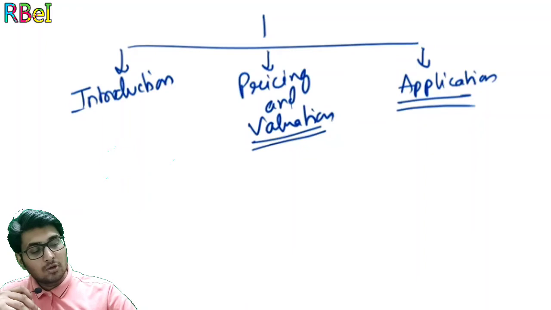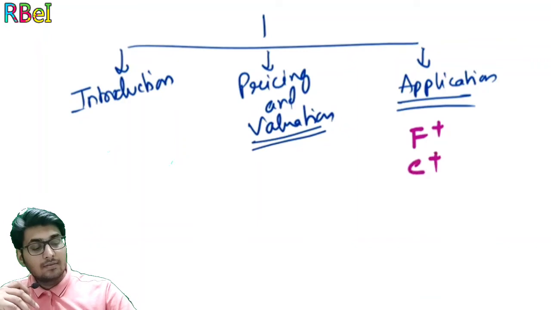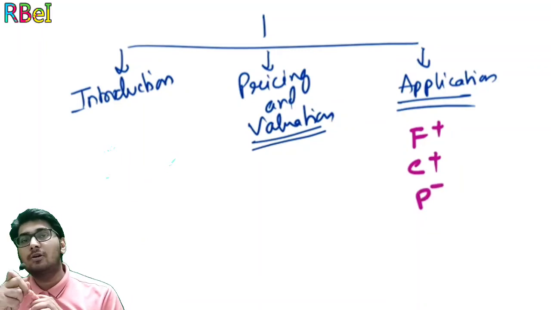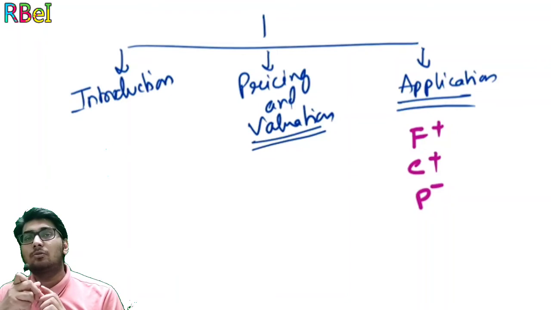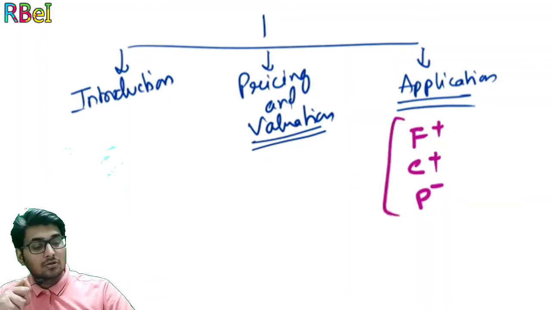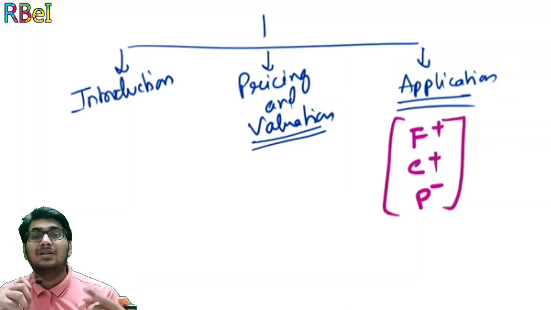You can enter into F plus, that is, you can buy the futures on the index. You can buy a call option on the index. Simultaneously, you can enter into P minus, that is, you can sell the put, because if you are bullish, then you can sell the put option as well. So they all will help you to gain over the perception of the market.